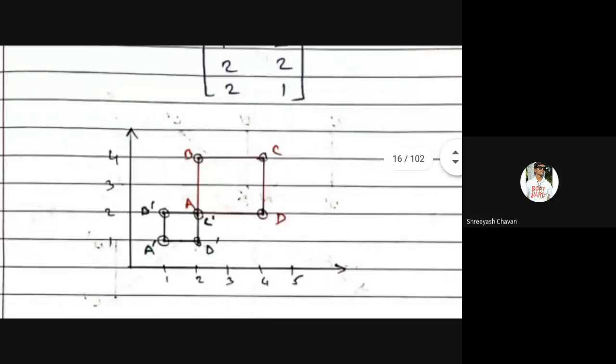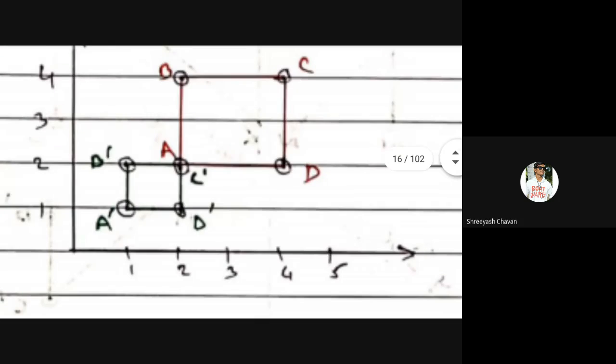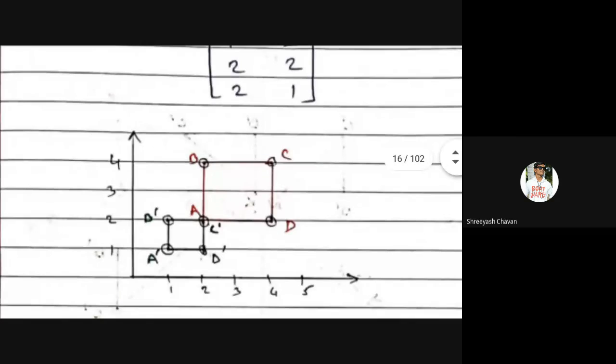Here also the same steps apply, and the representation is also important. Near about 40 to 50% of the marks are allocated for it. The green triangle is showing the given rectangle, red is the given rectangle, and green is the result.